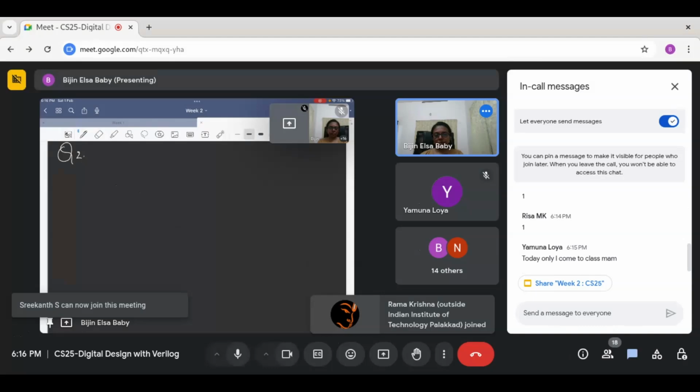Next question is, given a binary number, this is the binary number 1010.